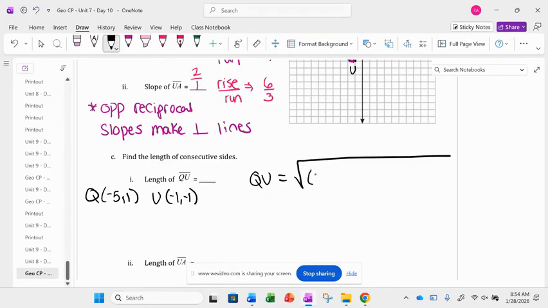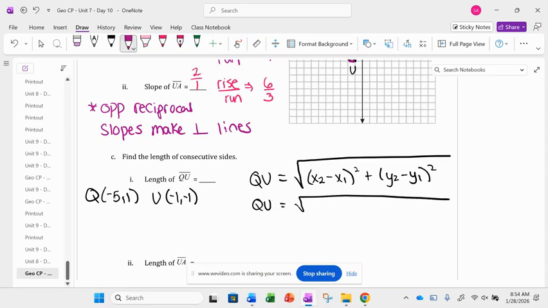Okay, so now we're going to do x2 minus x1 quantity squared plus y2 minus y1 quantity squared. I'm going to call Q x1, y1 and U x2, y2. So we have -1 minus 1. Oh, nope, that's wrong. -1 minus a -5.